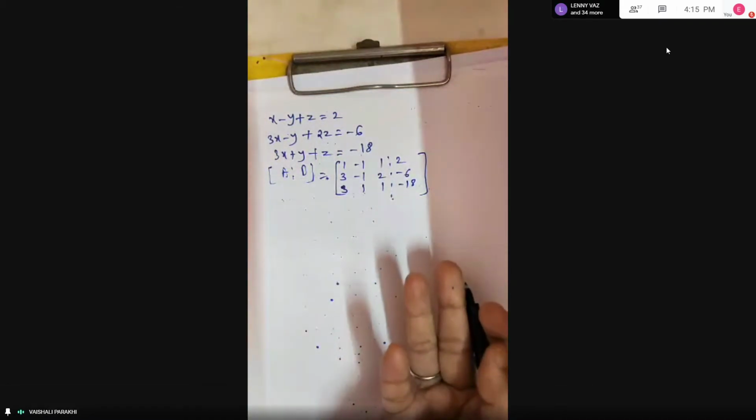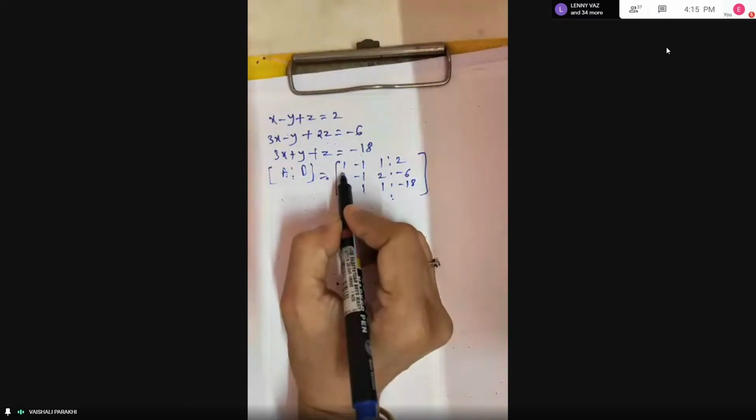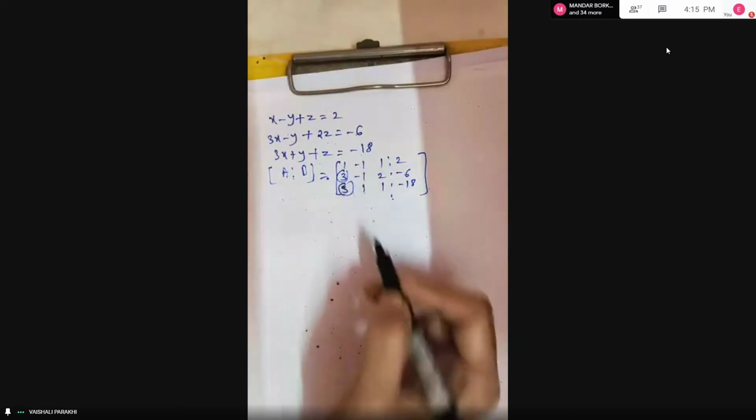Now as usual you have to convert it to the echelon form. So which are the target elements? These 3 and these 3, right?